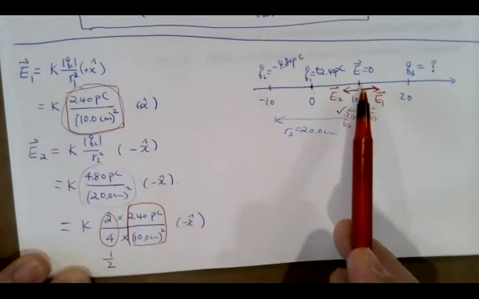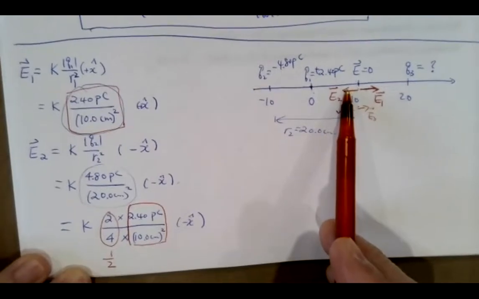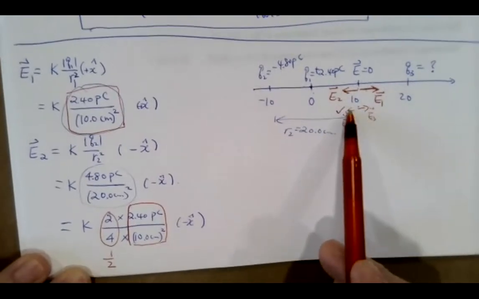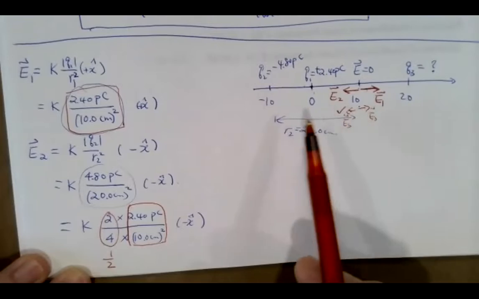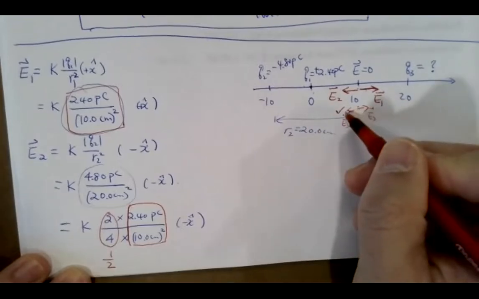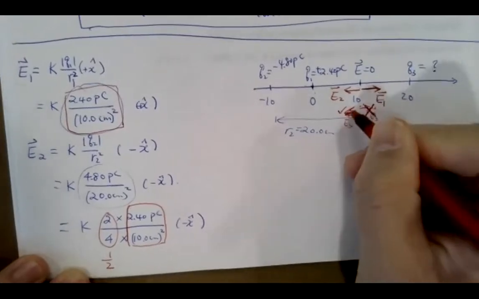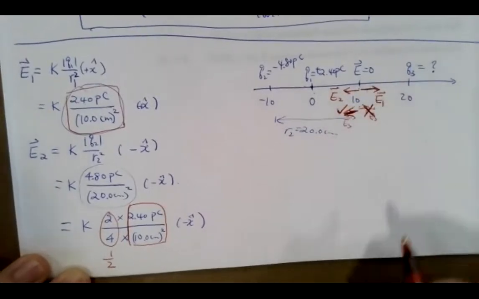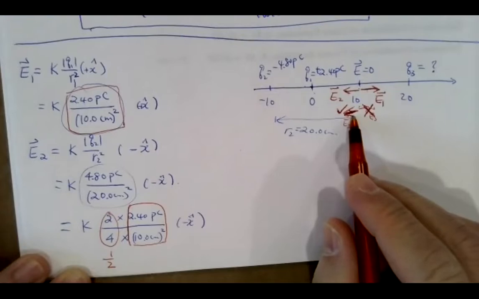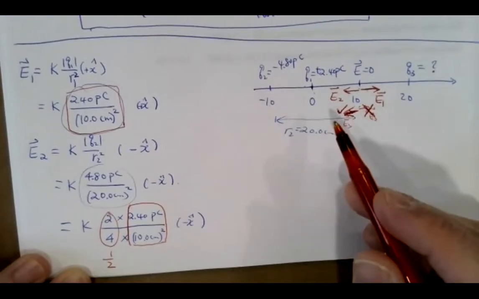So E1 is greater than E2, okay? So the electric field by Q3 should be in this direction. All right, so E3 will be in that direction, not in this direction. E3 is towards the left.